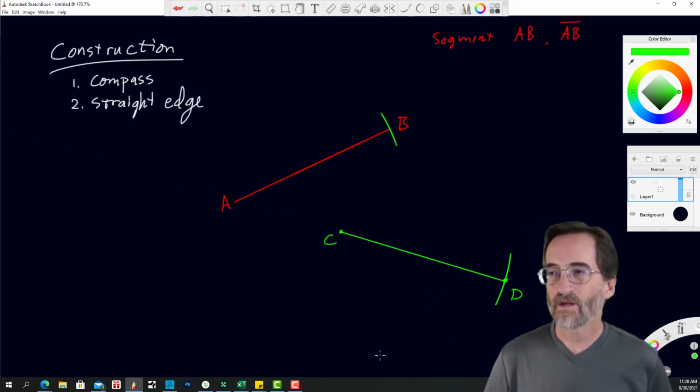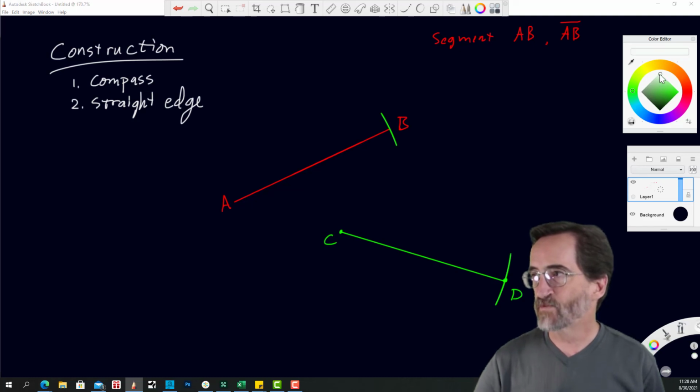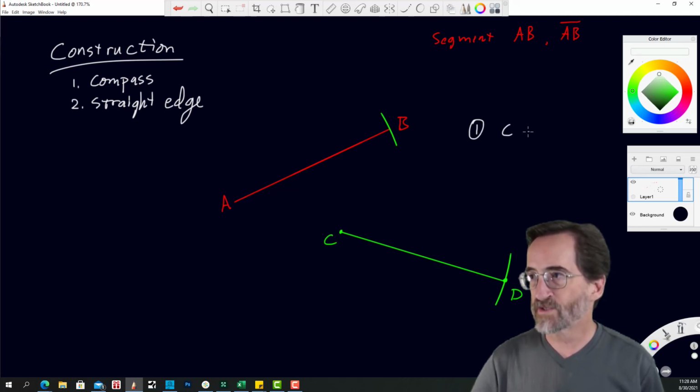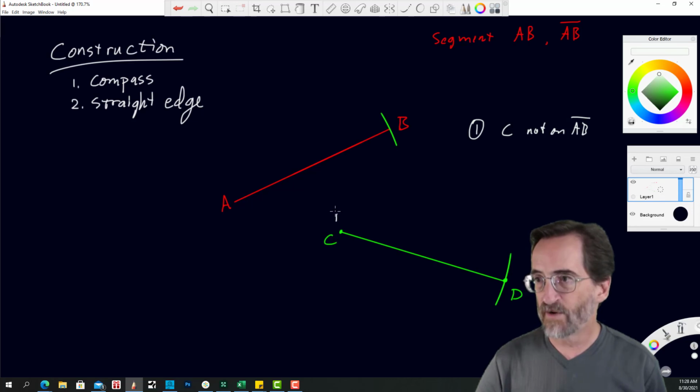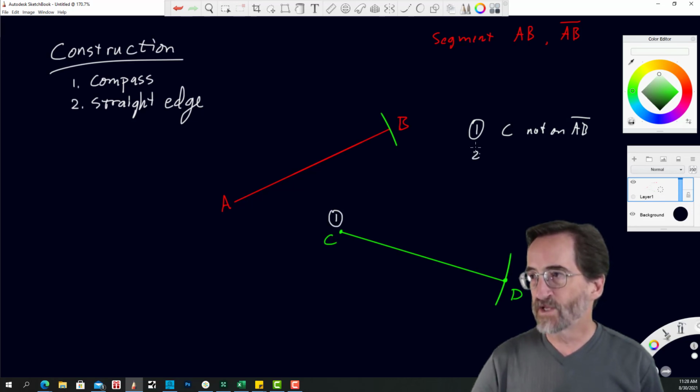All right, so let's outline the steps we did. Step 1, we drew point C not on segment AB. Step 2, we measured AB.